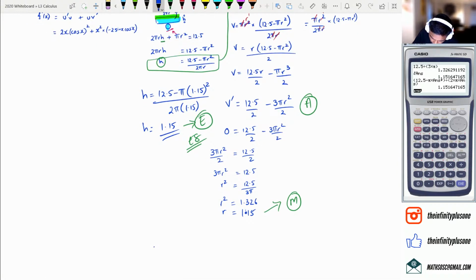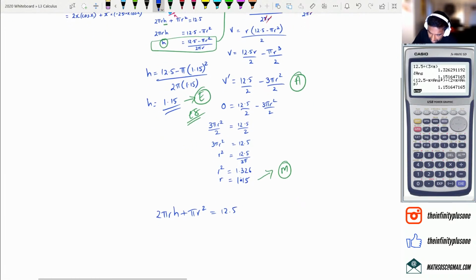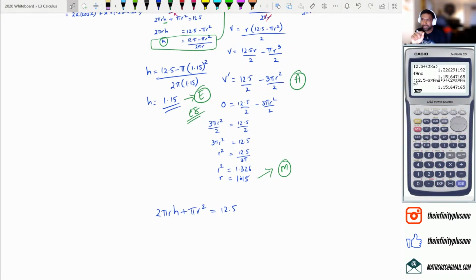When we have that statement, 2 pi r h plus pi r squared equals 12.5, if you are going to do dV/dh, that means you've got to get rid of r. And you can't get rid of r in this case, because you've got r squared and you've got r, which means you've got a quadratic. So you've got to solve the quadratic in terms of h, which is just going to make things very, very difficult for you.